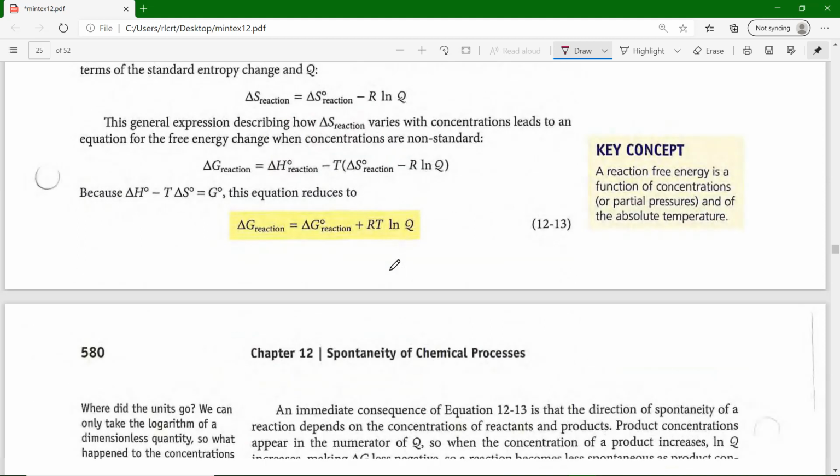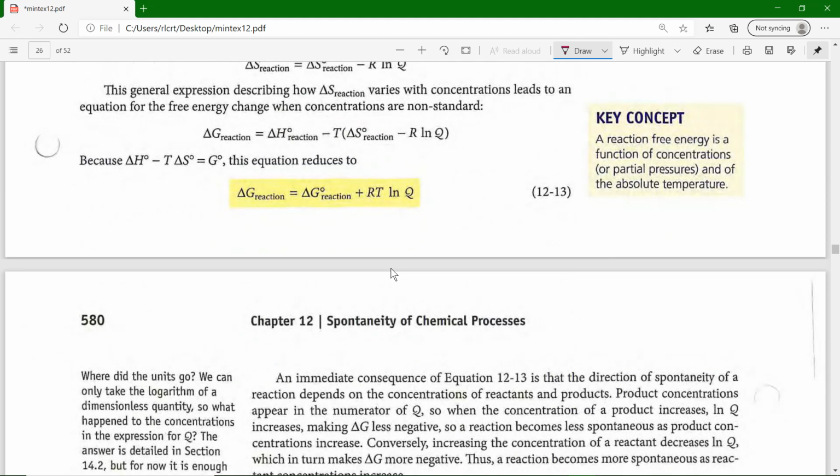If you have changes in concentration, I know it took 2 pages, and you can go through the proof if you want, but equation 12.13, which you would be given on a test, is that if you have the free energy in a non-standard set of conditions, so not at 1 molar or not at 1 bar, then you can get delta G by taking delta G naught of the reaction plus RT, there's our R, pops in again, 8.314, times the natural log of Q.